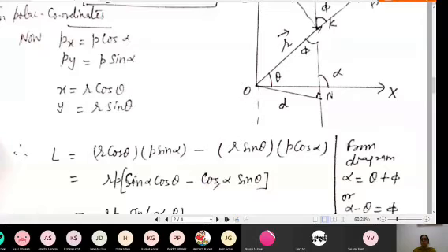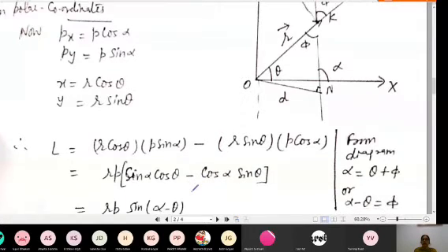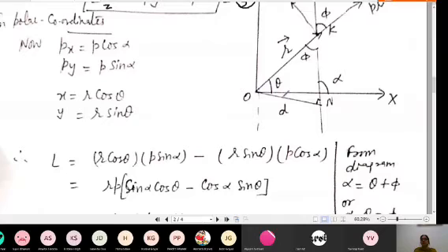Using the trigonometry formula, this is sine of (alpha minus theta). And in this diagram, consider the triangle ONK, where K is the point where I am applying the linear momentum, or where the force is being applied. The direction of force and linear momentum is the same, because by the second law force is the rate of change of linear momentum, and the direction of both is the same.